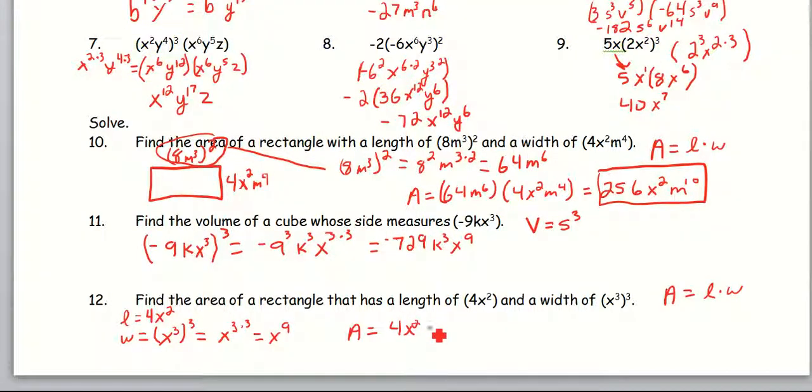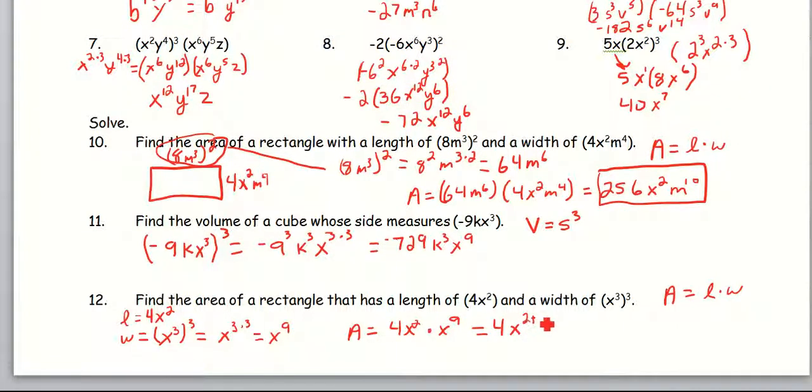Okay. So now we make sure our bases. I have 4. There's nothing else to multiply it with, so I'm just going to write 4. And then it's x. And remember, we're going to add the exponents. I'll go ahead and show you here. 2 plus 9.